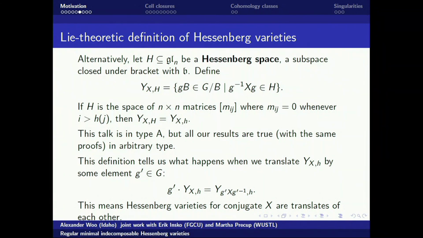And I should say, even in type A, this definition gets us something very nice, which is that when we translate my Hessenberg variety by a group element, that just gives me a Hessenberg variety for a different X. I just conjugate X by the group element, and now we're just talking about another Hessenberg variety. Or you can think, we really only care about the conjugacy class of X, because if we conjugate X by something else, we just move around my Hessenberg variety a little bit.